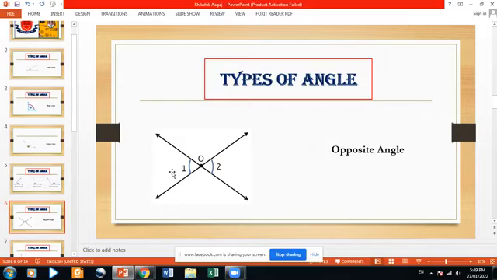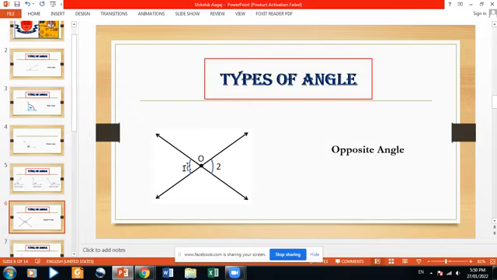The angles which are opposite to each other, see here 1 and 2 are opposite to each other, are known as opposite angles. We can practice them with our hands. We can join our hands, make a cross with our hands, and show them.